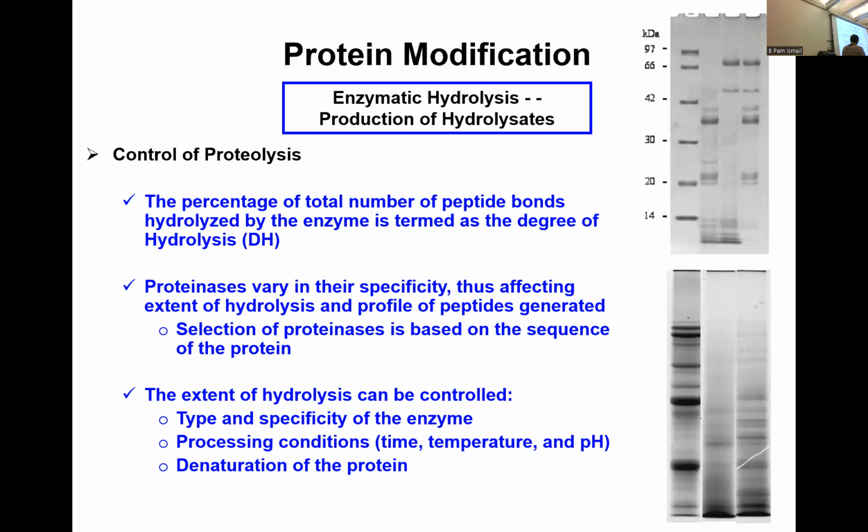In order to control the degree of hydrolysis, we control obviously the time of the hydrolysis, but also the temperature and pH. It is always recommended to work at optimum temperature and pH, but sometimes we change it a little bit, maybe slightly less than optimum, so that we can control and limit the degree of hydrolysis.